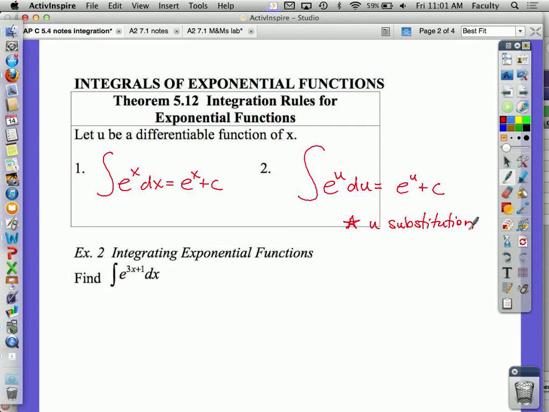So, in example 2, if I have the integral of e to the 3x plus 1, I don't have just e to the x, so I'm going to do a u substitution. So, I get du equals 3 dx. I have the dx, but I don't have a 3.